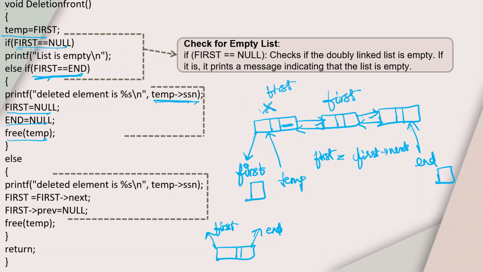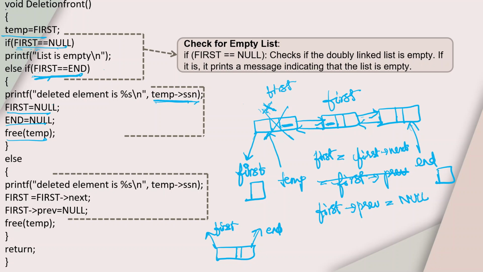First of next, wherever it is pointing to, make that the new first. And then delete this one. Now, this is the first. So, first of previous will now contain the value null, because that is the very first node.